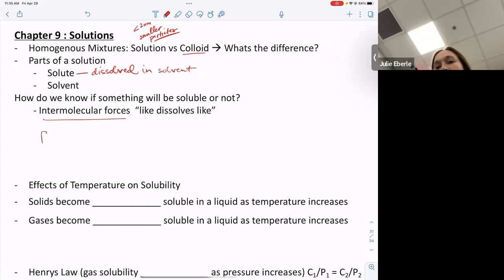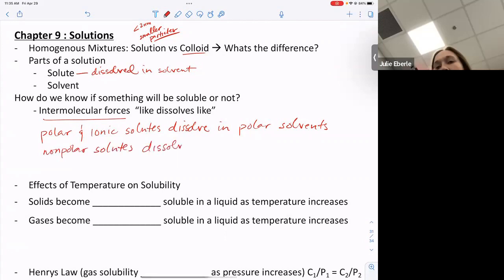Okay, so we said polar and ionic solutes dissolve in polar solvents. And then nonpolar solutes dissolve in nonpolar solvents.